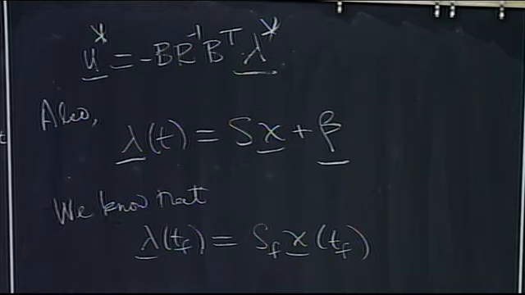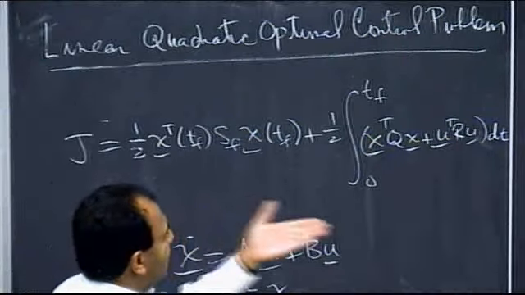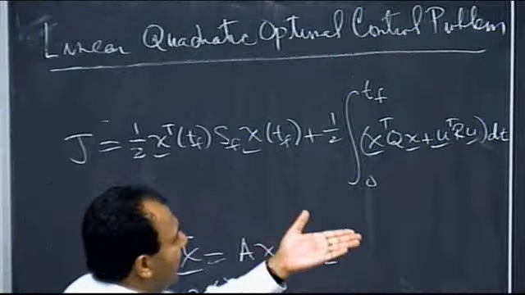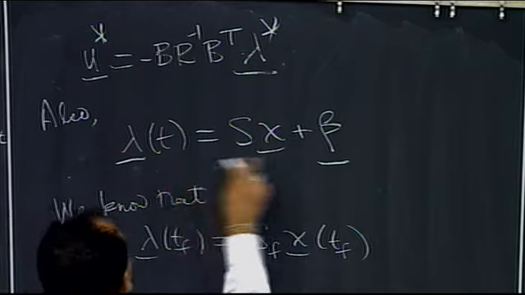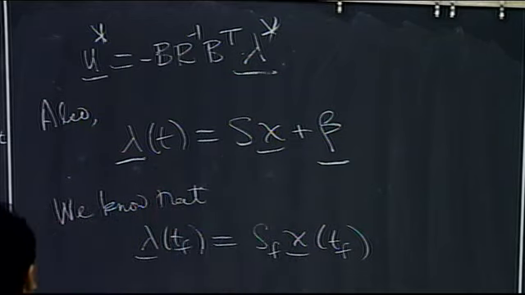That comes from the Mayer cost in this problem, because if I apply the transversality condition to get the final value of lambda, I get lambda at TF equal to this. So clearly, if I evaluate this function at TF, lambda at TF has to equal S at TF, because S is a function of time, times X at TF plus beta at TF.